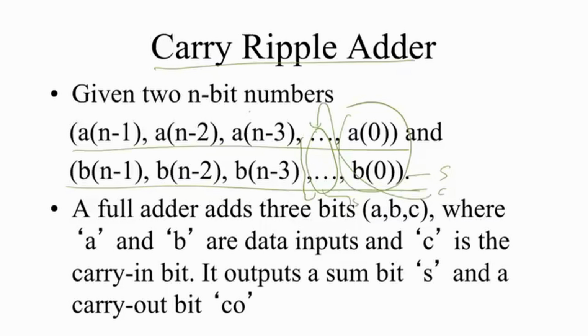The basic module for a carry ripple adder is what we call a full adder, which adds 3 bits A, B, C, where A and B correspond to the input bits and C is the carry bit coming from the previous stage. It outputs 2 bits, one is the sum bit and another is the carry out bit, which is passed on to the next stage. We have seen this in detail, and also implemented it in the previous course.